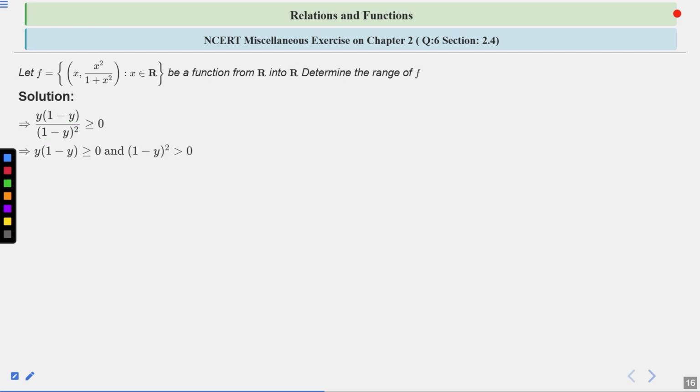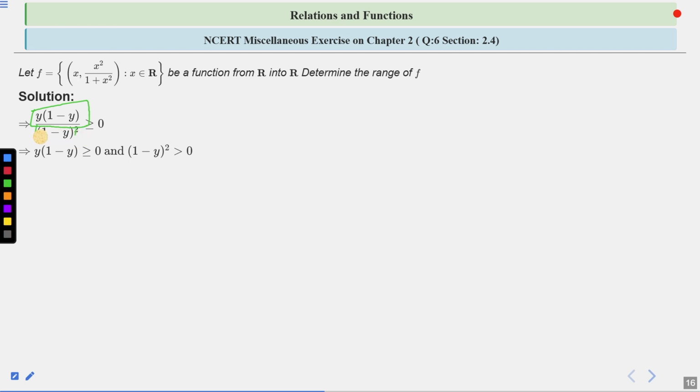Now just look for the conditions on y. So one is that denominator cannot be 0. So what I want, that y cannot be 1. So one condition must be y cannot be 1. Clear? Now in order to make this whole expression positive, I am only focusing on this expression which is in the numerator.